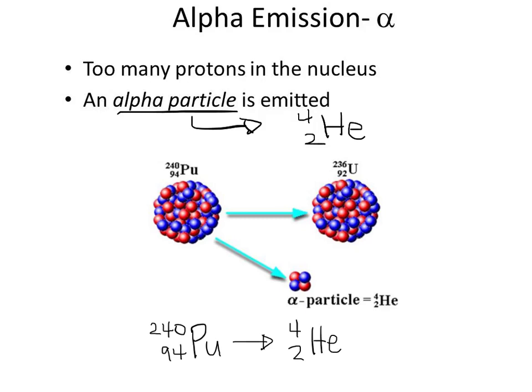And so when it loses 2 protons and 2 neutrons, it has a new atomic mass of 236, and it has a new atomic number, which is 92, because it lost 2 protons. And so if you look on the periodic table, it's uranium. And this is how we got this particle right here, uranium-236.